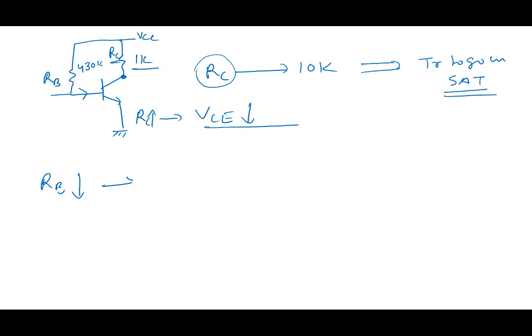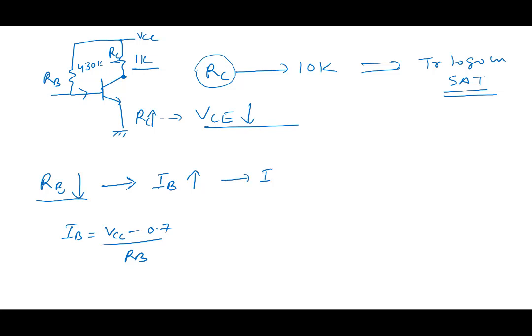Everybody sees IB increases. What is IB? IB is VCC minus 0.7 by RB. Correct? So as I decrease the value of RB, IB increases.